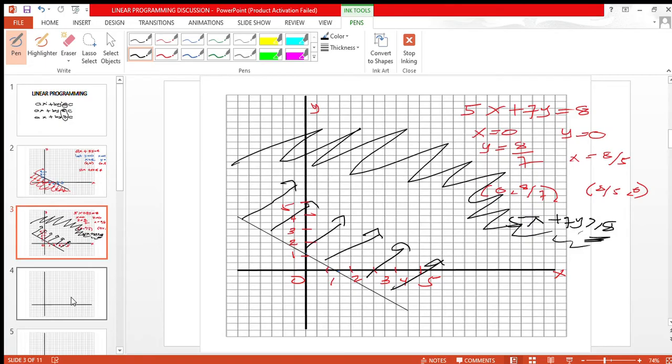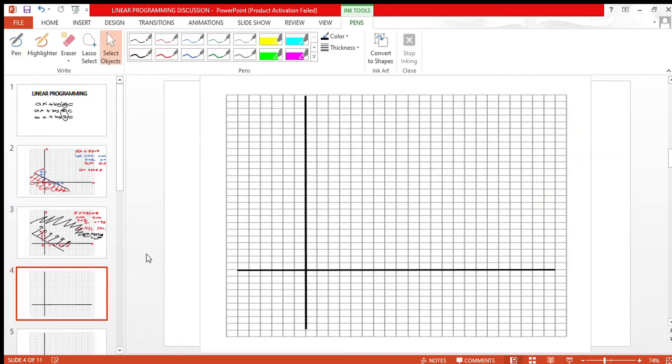And then it may also happen, we will also encounter in the problems later on what we call our negativity constraints. And for this one, let's say we would like to graph x is greater or equal to 0.